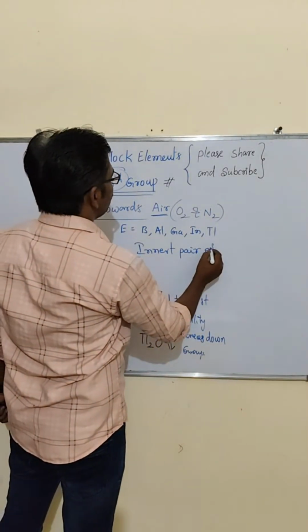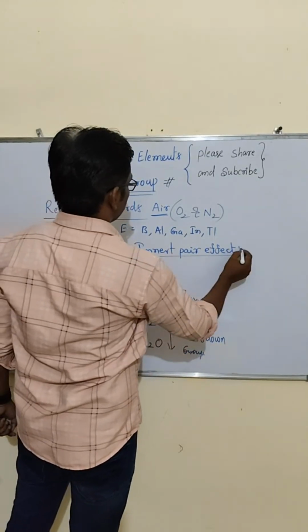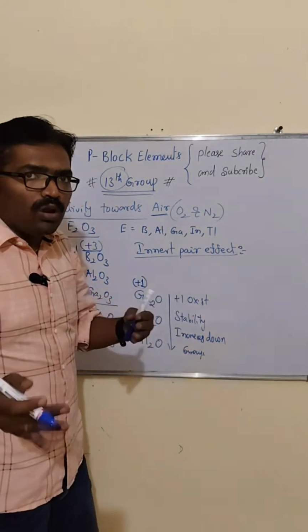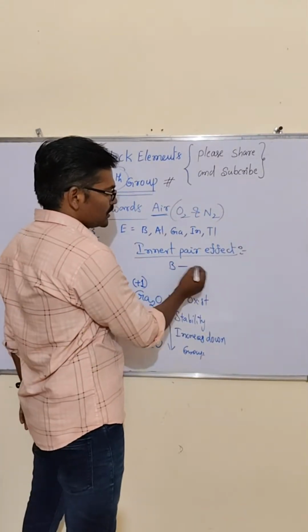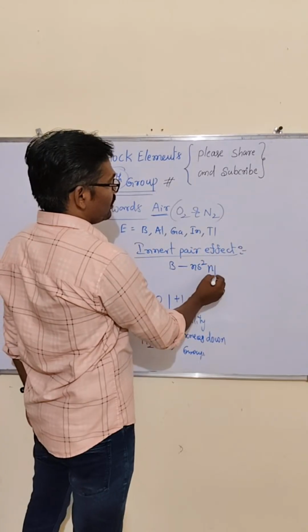So what is the inert pair effect? Take boron, aluminum, gallium, indium, thallium. The general electronic configuration is ns2 np1, as we have seen.